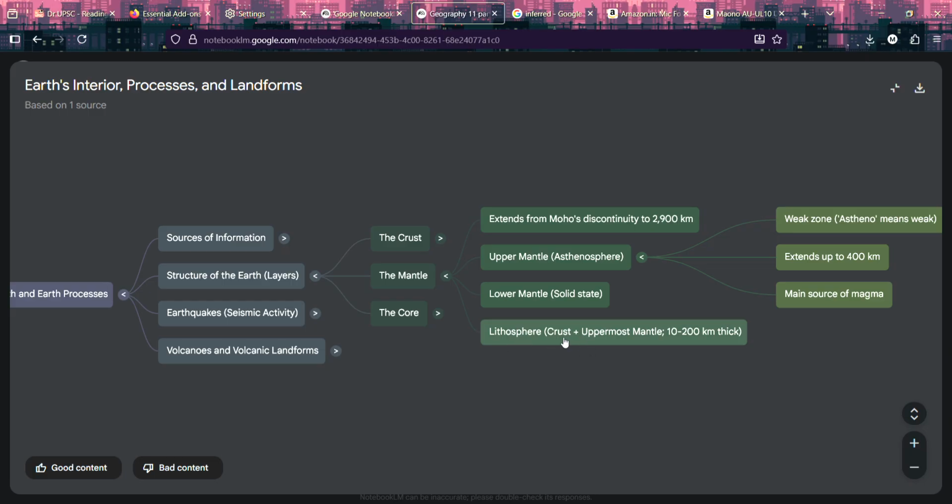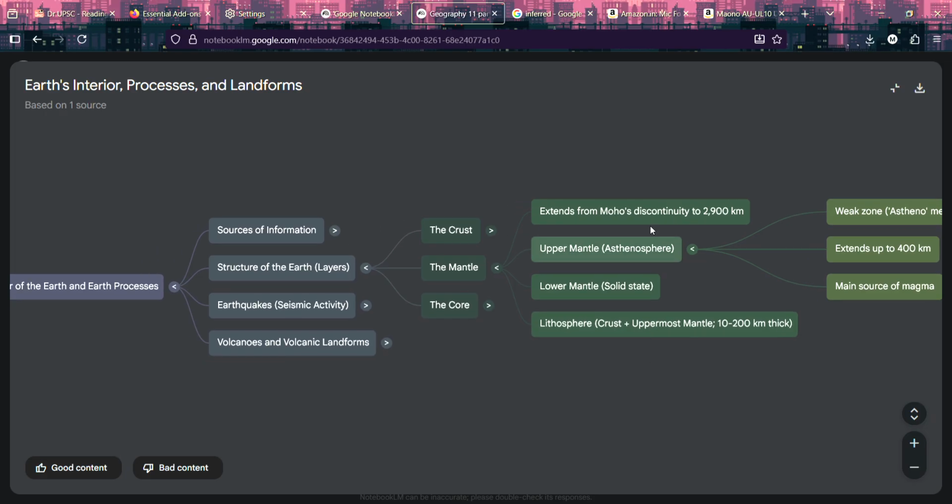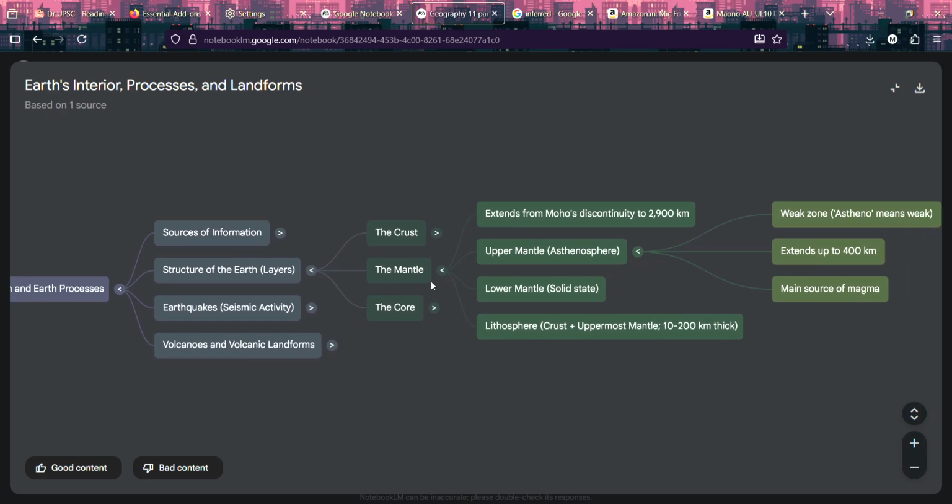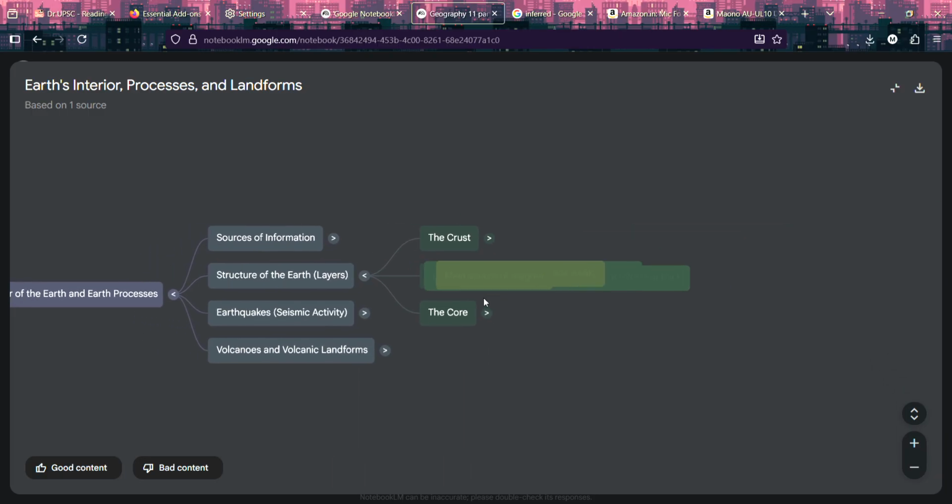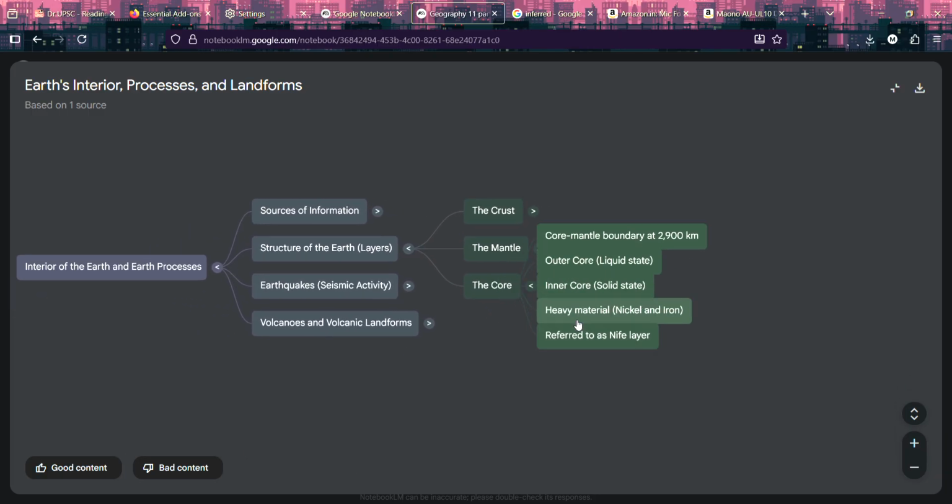It is made of the crust and the uppermost part of the mantle. Together, these are called lithosphere. It is 10 to 200 kilometers thick, and the last is the core, at the center.